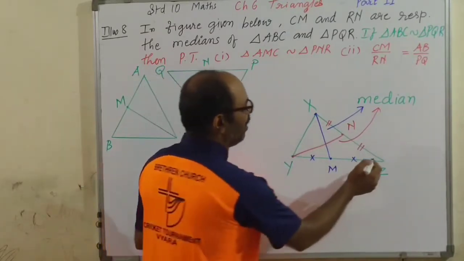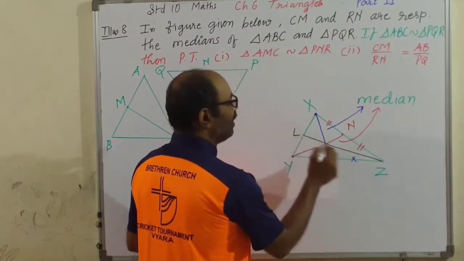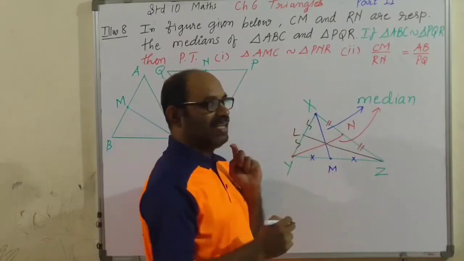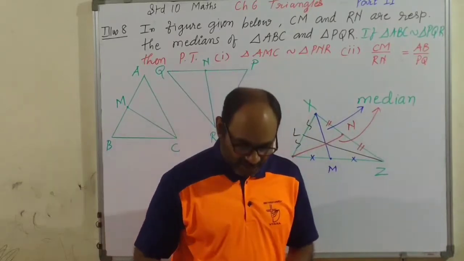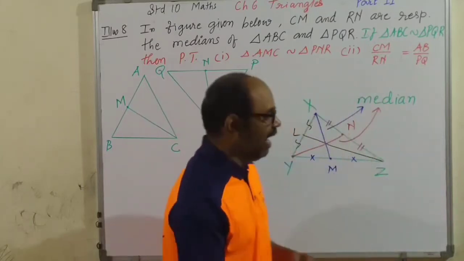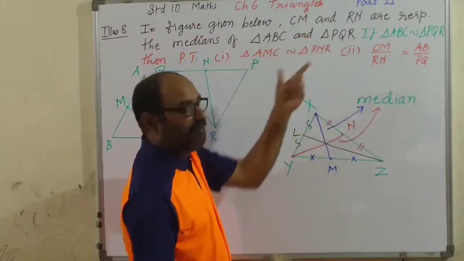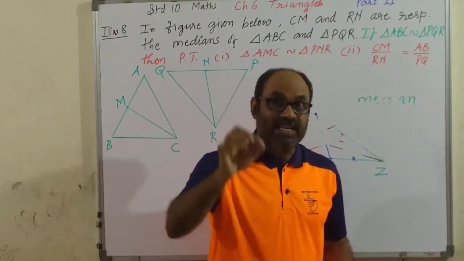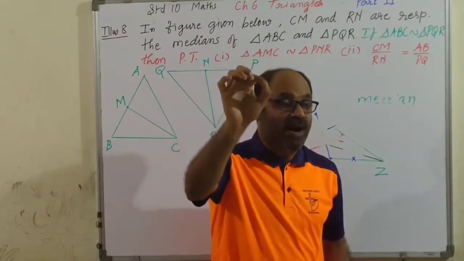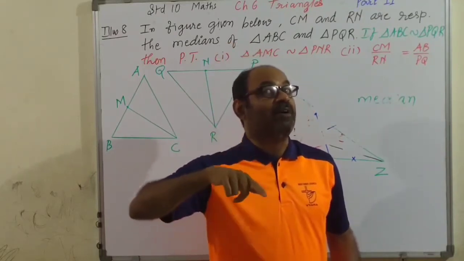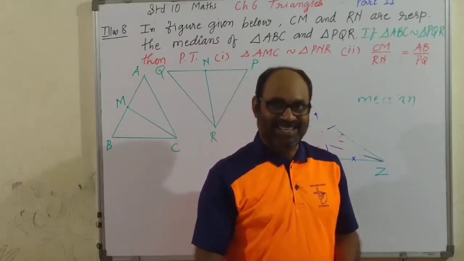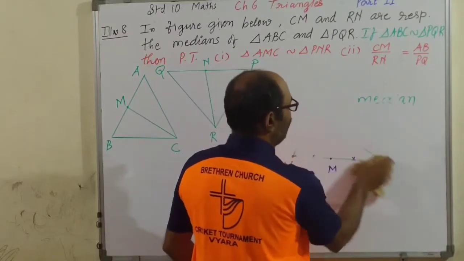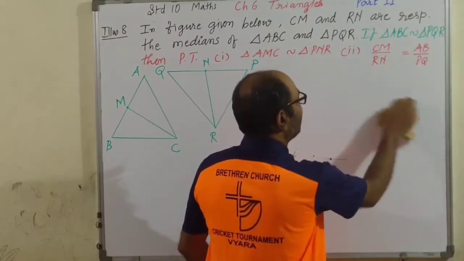And if you take the third vertex Z, ZL, here L is the midpoint of side XY. So every triangle has three medians. I hope you know exactly what is median. Median of a triangle is a line segment joining any vertex of a triangle with the midpoint of the side opposite to that vertex. Clear?